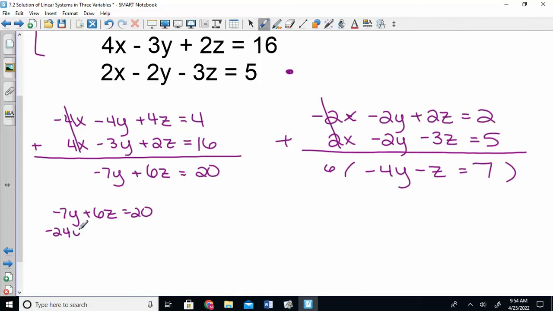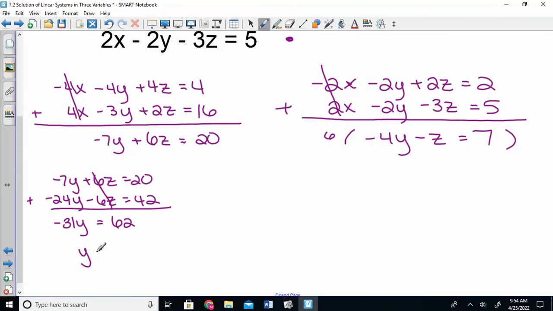This gave me a -24y minus 6z equals 42. So when I add these together, and divide, we get y equals -2.